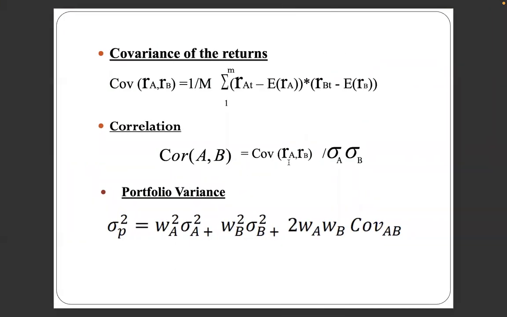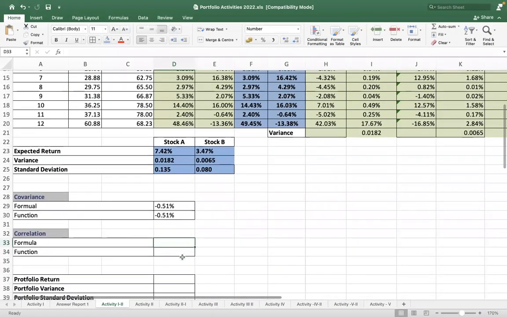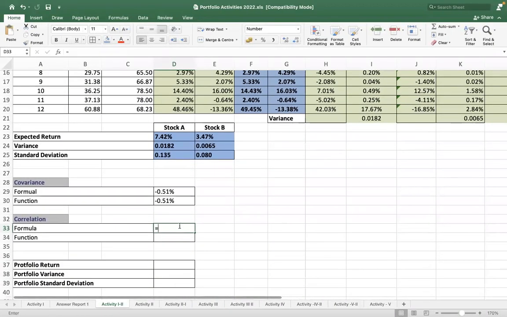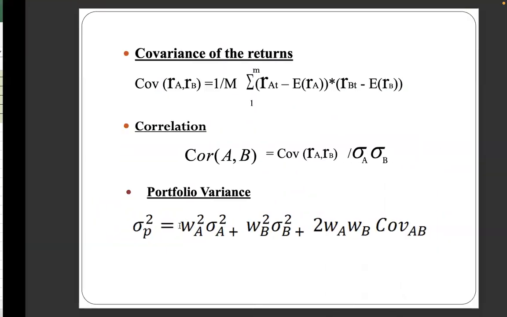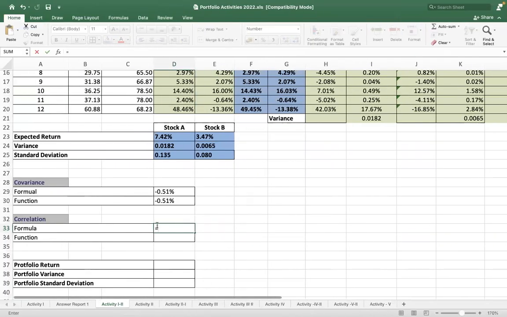Correlation is covariance of RA and RB divided by standard deviation of A multiplied by standard deviation of B. That is the manual function, right? Let's practice it. Covariance we have already calculated.